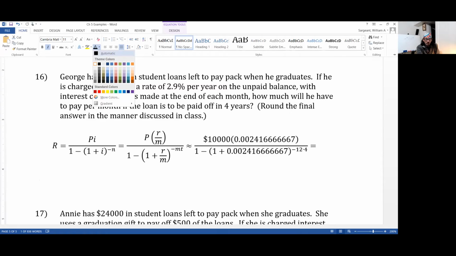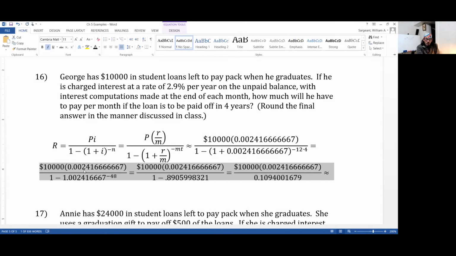So when we have divided r by m, converting that to a decimal, that's 0.029. m is 12. So when I divided 0.029 by 12, I got this. I've added the 1 to it in the denominator only, and I raised that to the negative 48 power so that we get a number smaller than 1. It's still positive though. Subtract that from 1 here.